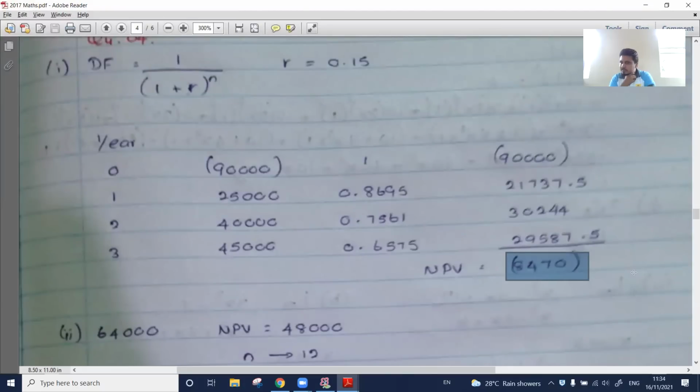What it should be? Hari answer එක මොකක්ද දෙන්න ඕන? Minus 8,431, and don't let these silly mistakes to happen.